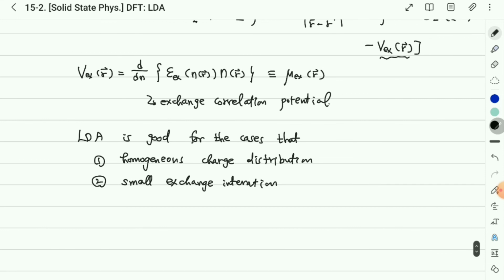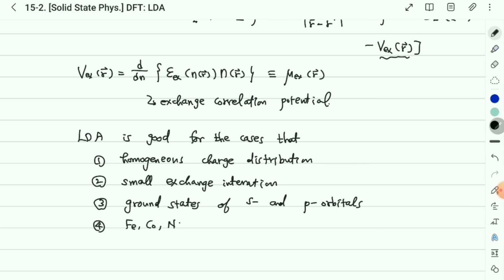And therefore it is good for the ground states of s and p orbitals. And also in magnetic elements, iron, cobalt, nickel, and the metallic ground state.